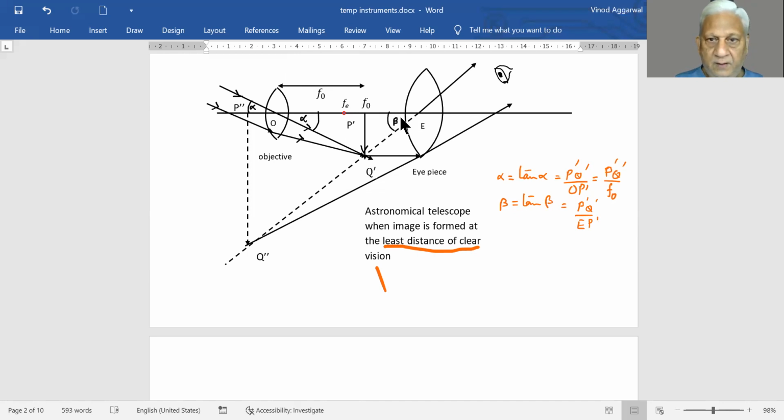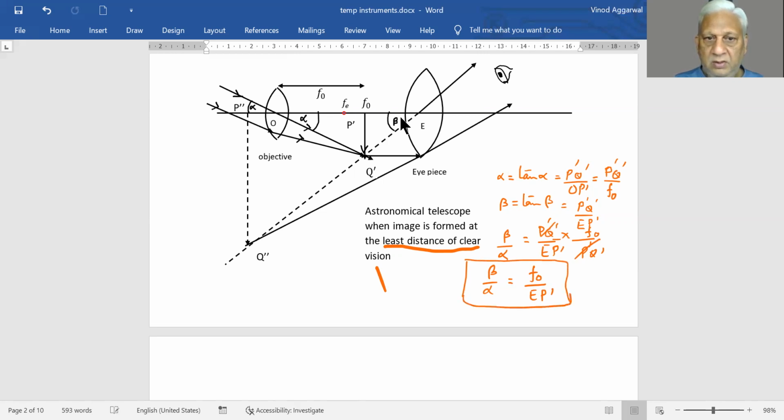And what is beta by alpha? Beta by alpha will become P dash Q dash over EP dash divided by alpha. Alpha is P dash Q dash over FO. So this gets cancelled, and what will be left is this.